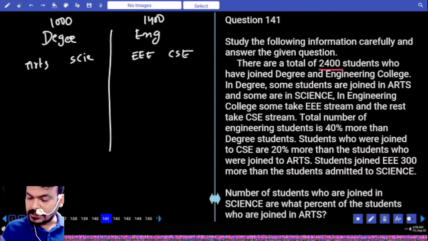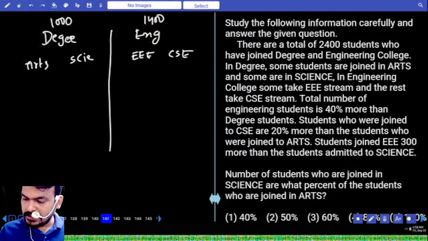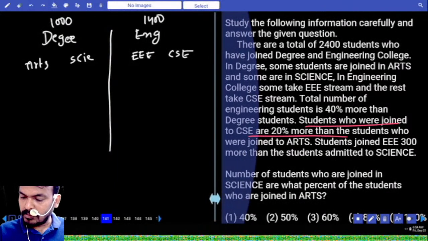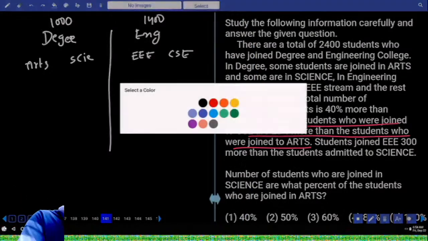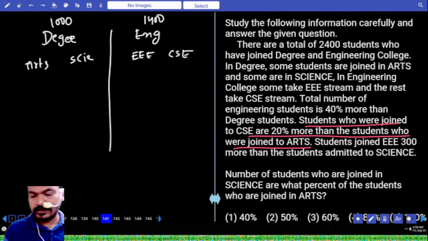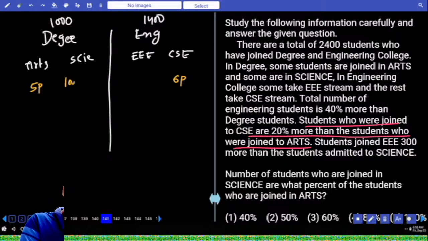Okay. Next line. Students who joined in CSE are 20% more than the students who joined in arts. CSE value compared to arts value is 20% more. Suppose we consider arts 5 parts, CSE 6 parts. In degree, out of 1,000, arts is 5 parts, so science is 1,000 minus 5 parts.